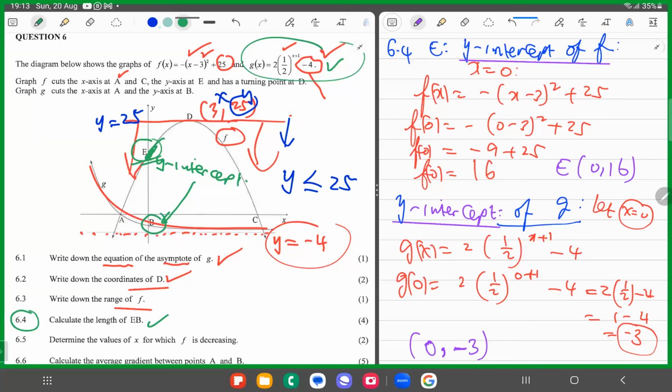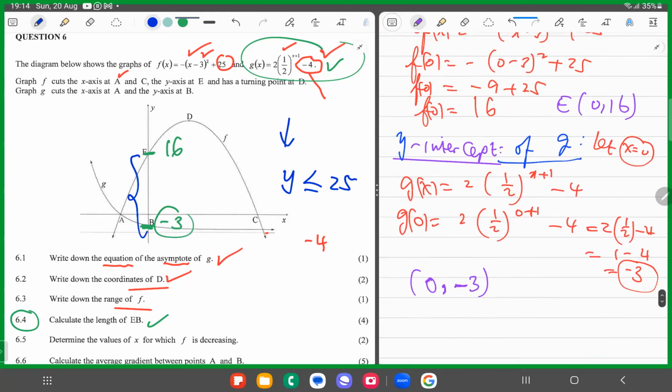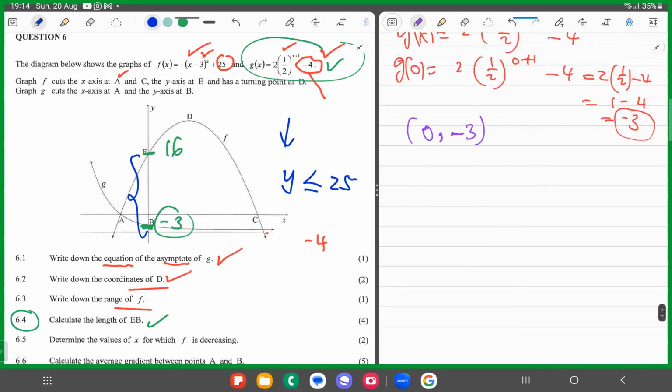So what are all these things here? Anyway, at this point E, you have 16, and at the point B, you have something else. So EB would be what?